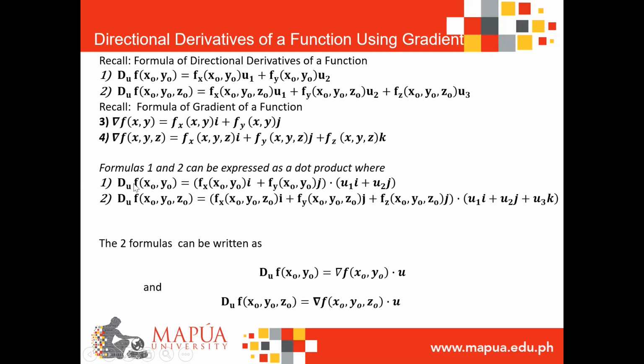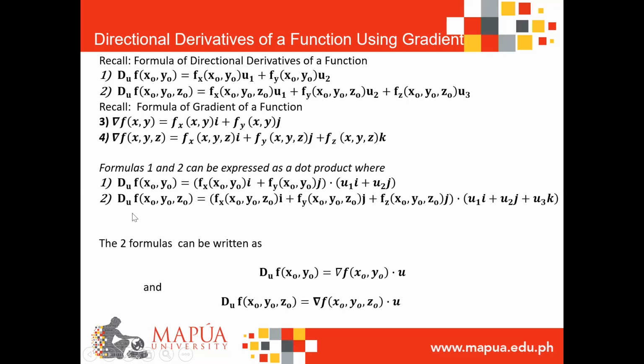So we have the directional derivative of f as a dot product of the quantity f sub x evaluated at x sub 0, y sub 0 times i plus f sub y evaluated at x sub 0, y sub 0 times j, with the components of your unit vector. So we have here u sub 1 i plus u sub 2 j.